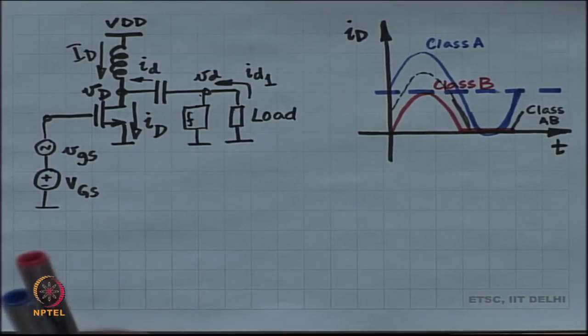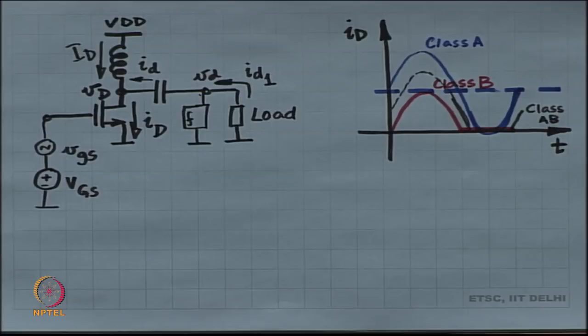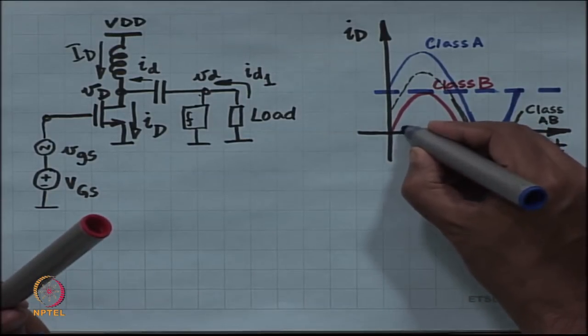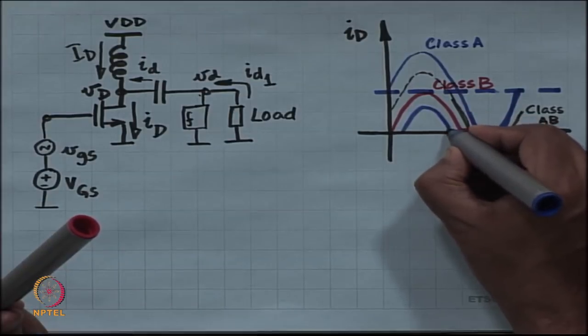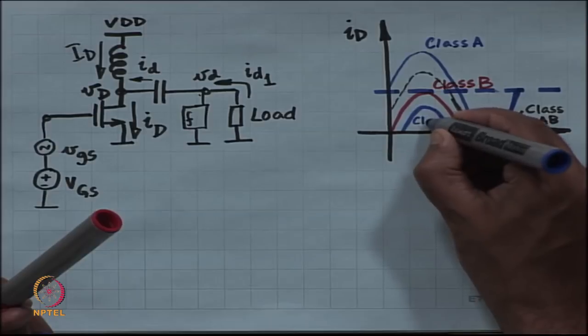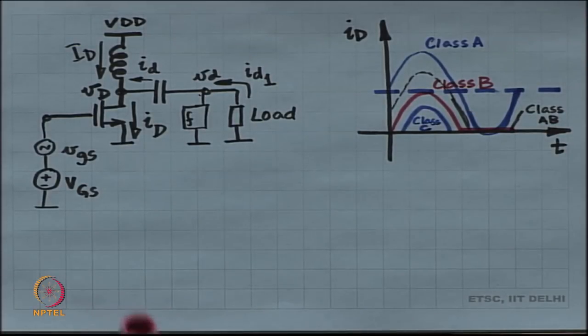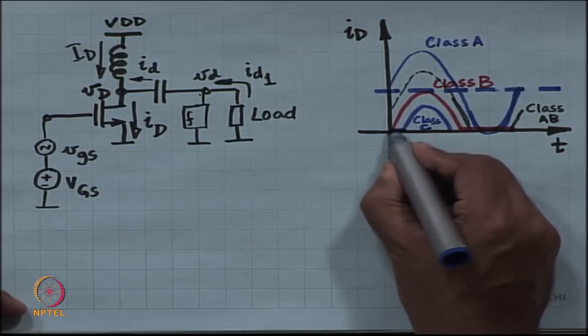So, that is a conduction angle more than 180 degrees, but less than 360 degrees, that is class AB. Then you have got class B, where the conduction angle is 180 degrees. Then I decrease the conduction angle further, and I get class C. Okay. So, here the conduction angle is less than 180 degrees.